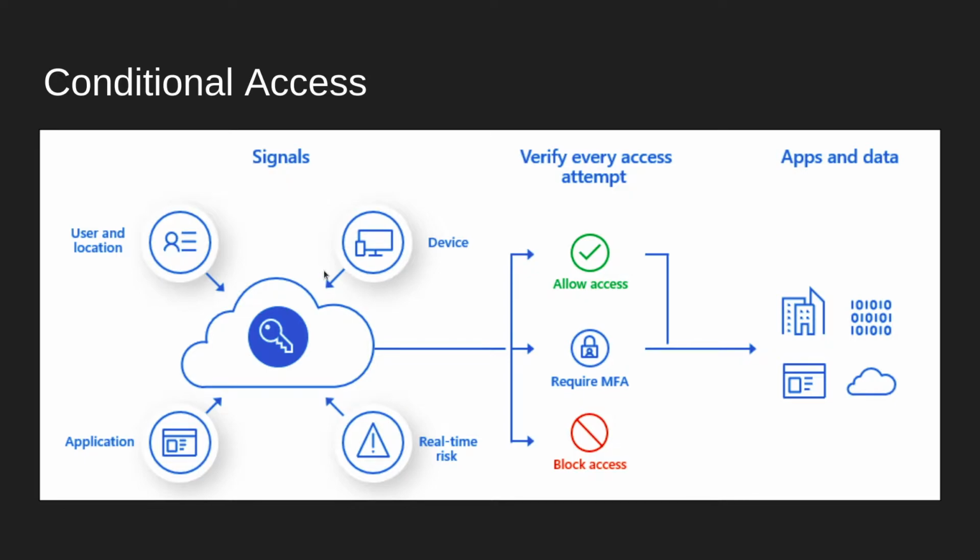Take an example. Let's say this user here is right now sitting at home trying to access an Office 365 application. What this person will provide is his or her username and password.